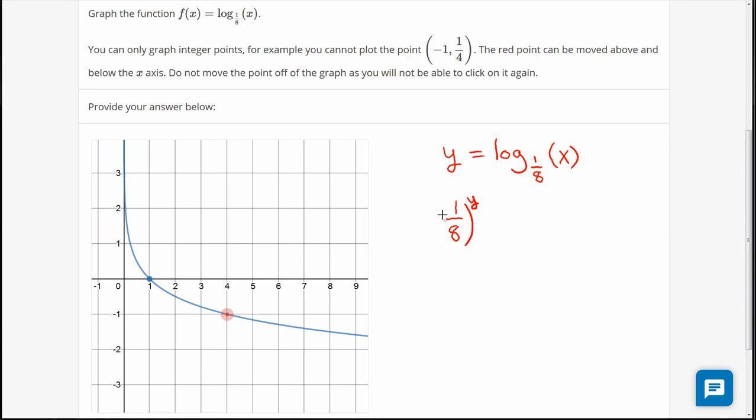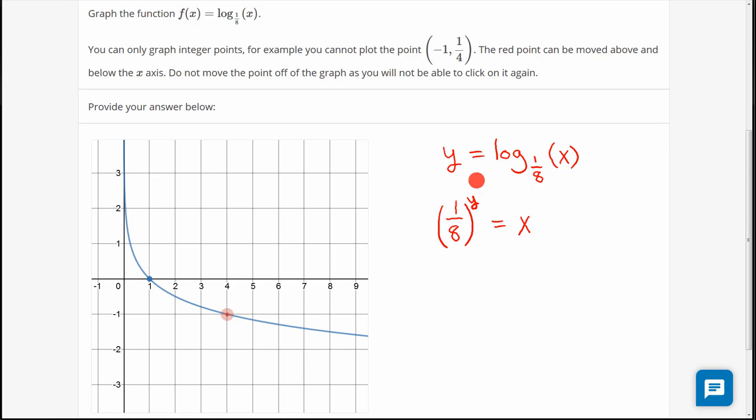If I take this logarithm and rewrite it as an exponential, then the x's and the y's trade places. In this equation, the y is the output and the x is the input, but in the other equation, the y is the input and the x is the output.